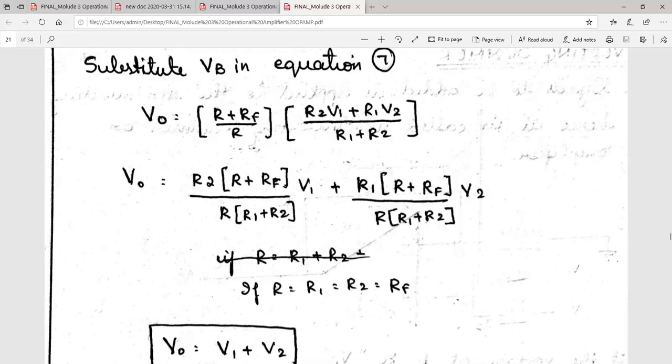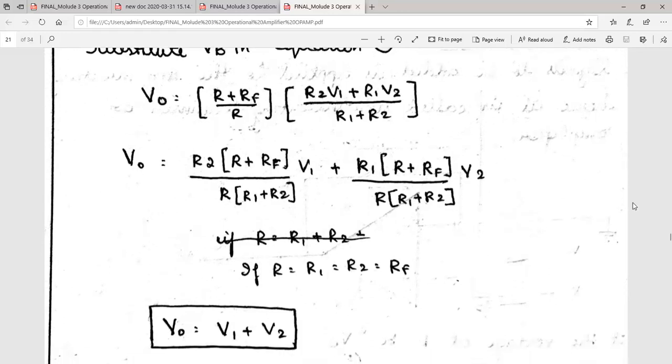Now if we assume that all the resistance values, that is R, R1, R2 and RF are the same, then we can see that the resistance terms will cancel out each other, and we are left with only V naught, which is equal to V1 plus V2.